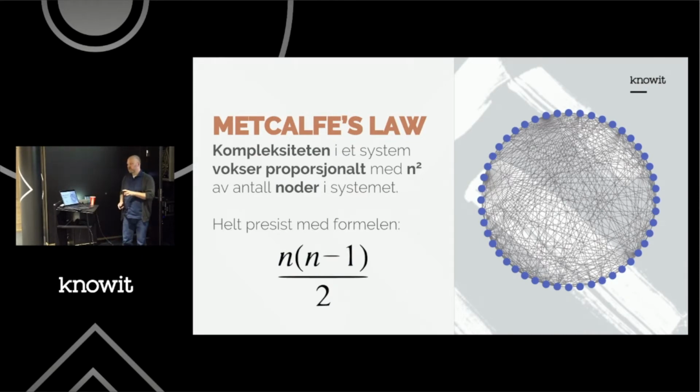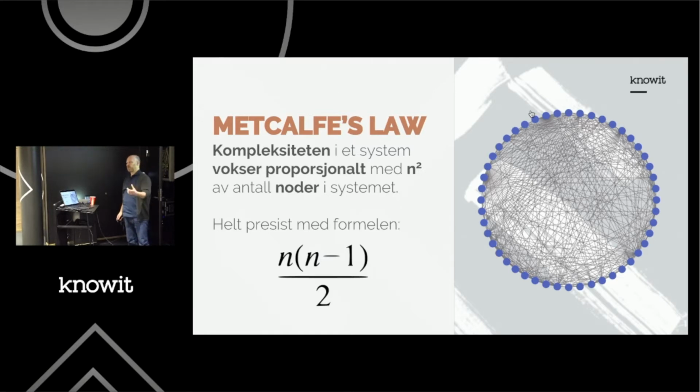And the way complexity works is called Metcalfe's Law. He developed it to say something about the value of a mass communication system, a telephone system. He said that the value of a telephone system increases exponentially with the number of users.